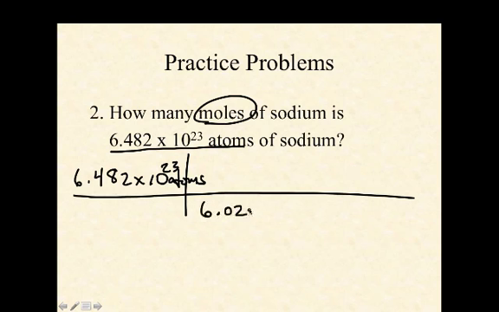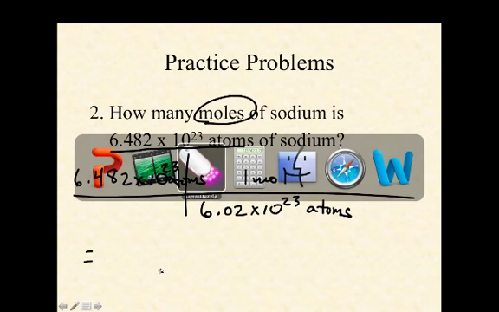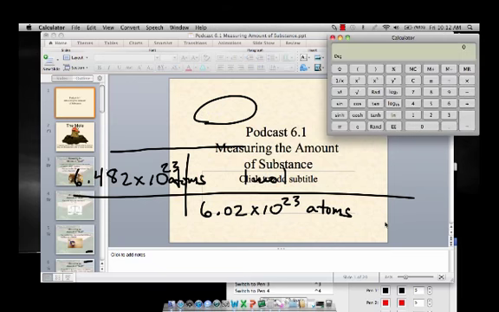And I'm going to use Avogadro's number as my conversion factor, 6.02 times 10 to the 23 atoms are in 1 mole. Okay, so now it's time for my calculator, and I brought up a calculator here so that you can see what I'm doing. I want you to be able to follow the math. If you don't do it in the right order, using the right buttons on your calculator, then you're going to get the wrong answer.